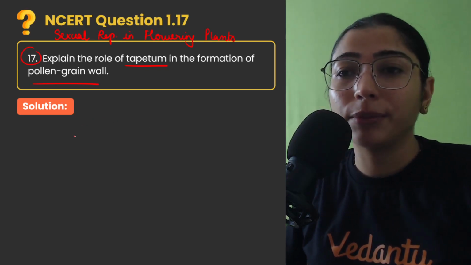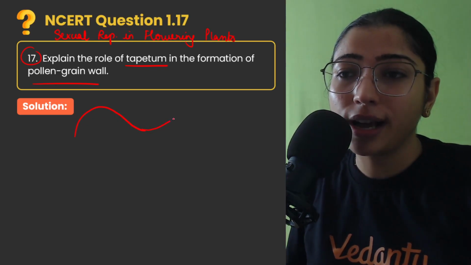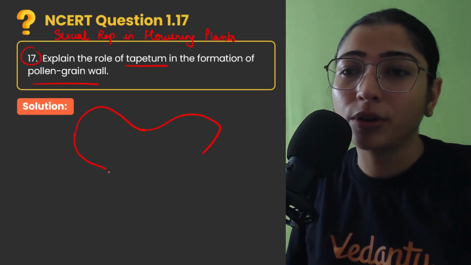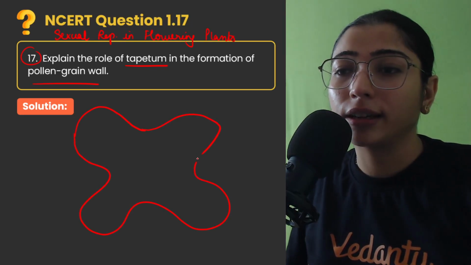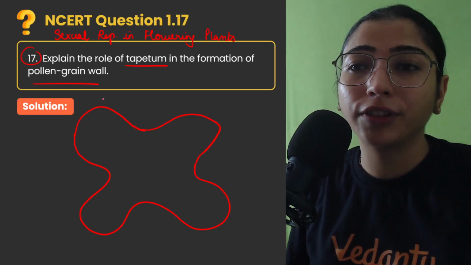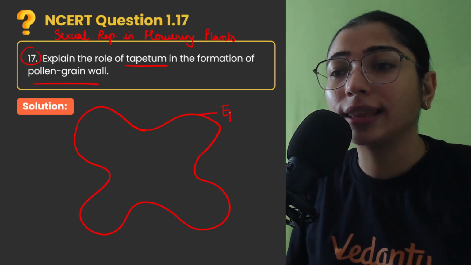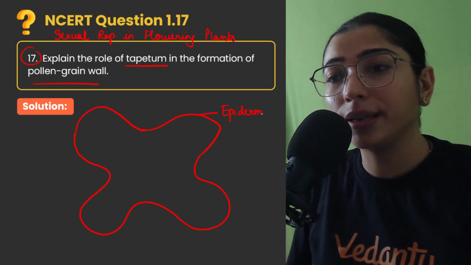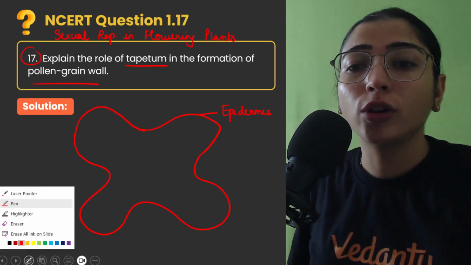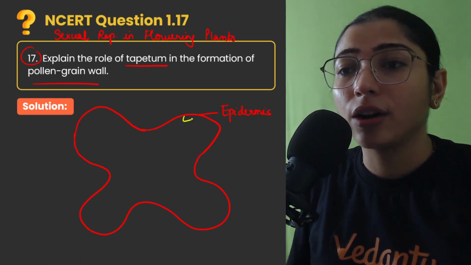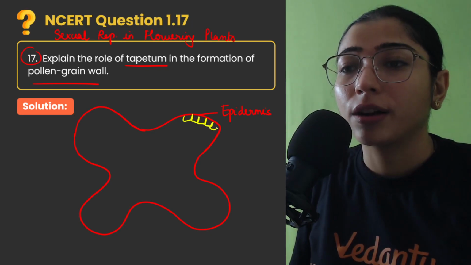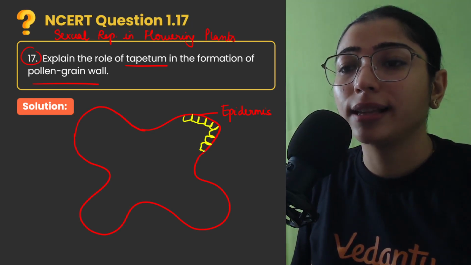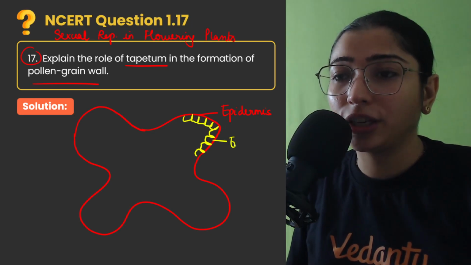तो बच्चों इसके लिए हमें थोड़ा स्ट्रक्चर समझना होगा ऑफ एंथर. If I talk about the wall layers of the anther, the outermost anther wall layer is made up of epidermis, followed by it is another layer of squarish cells that we call endothecium.